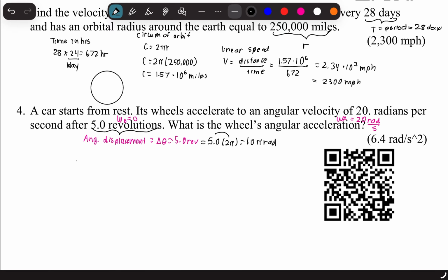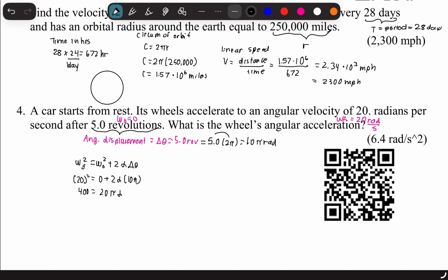So the kinematics equation is omega f squared is equal to omega initial squared plus 2 times the angular acceleration times the delta theta. Yes, this is the one. So we can substitute our values. We have 20 squared is equal to 0 plus 2 times the acceleration times 10 times pi. So that's going to be 400 is equal to 20 times pi times the acceleration.